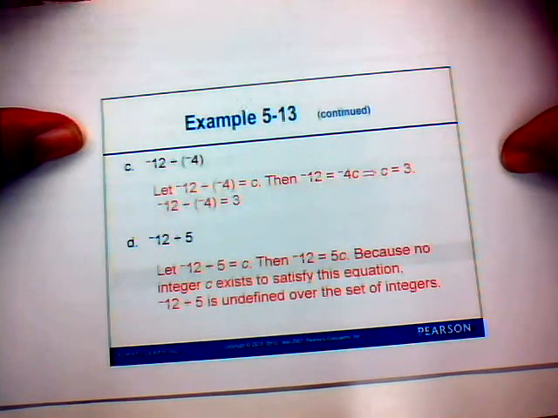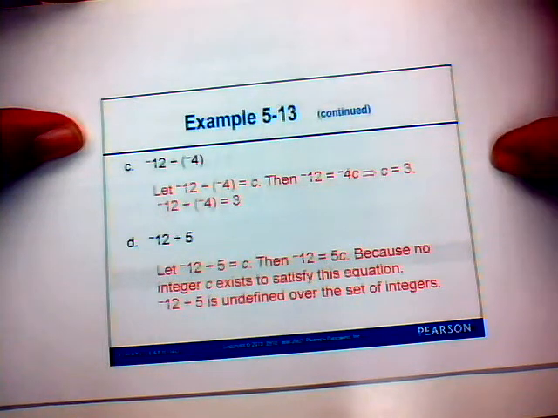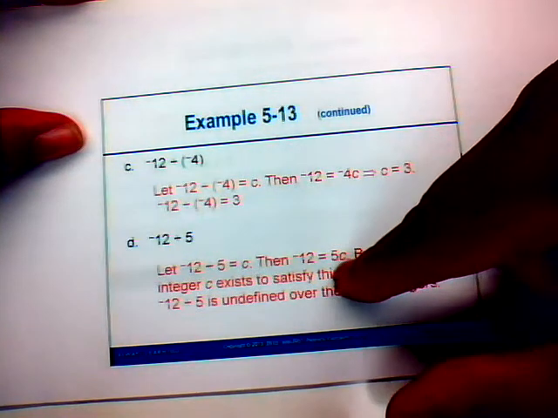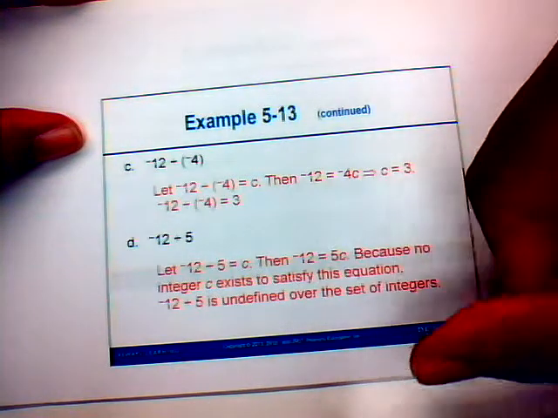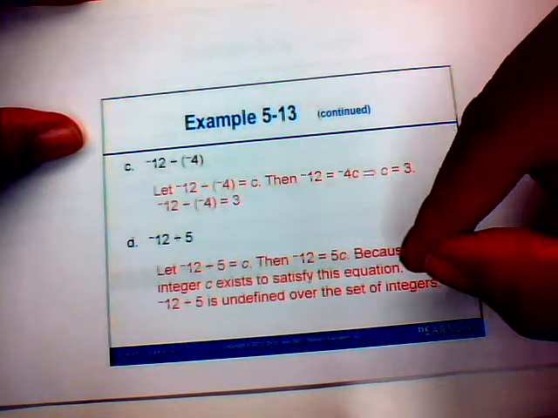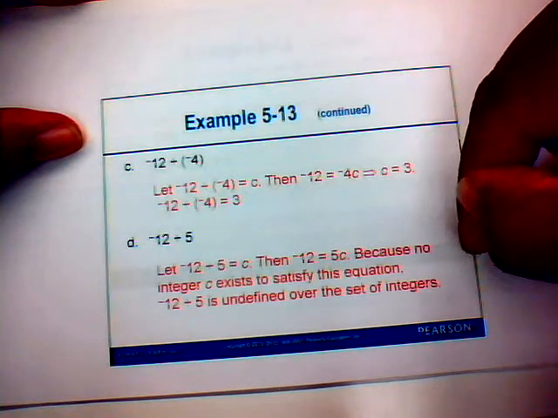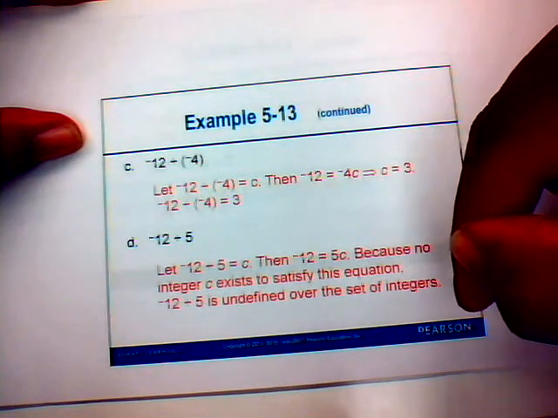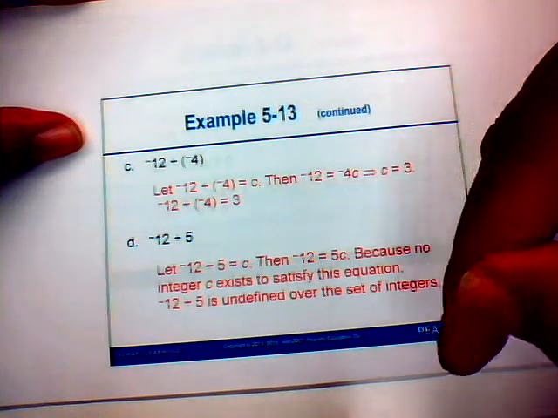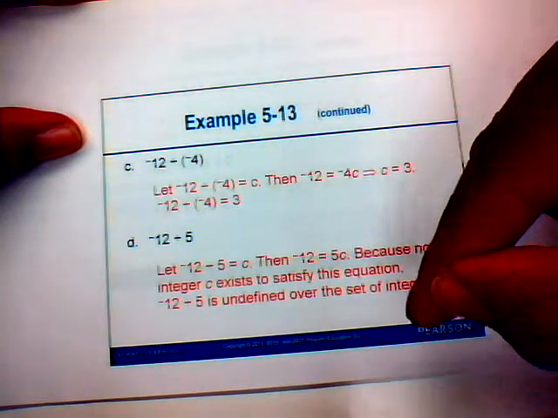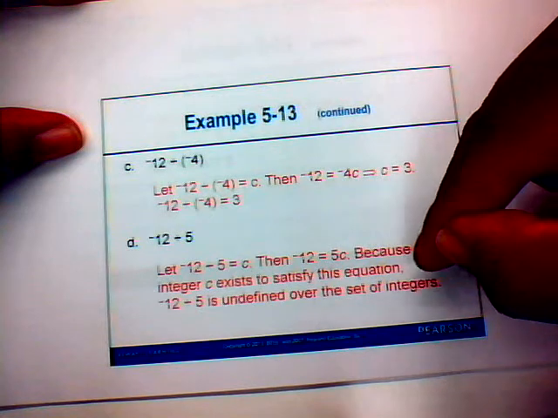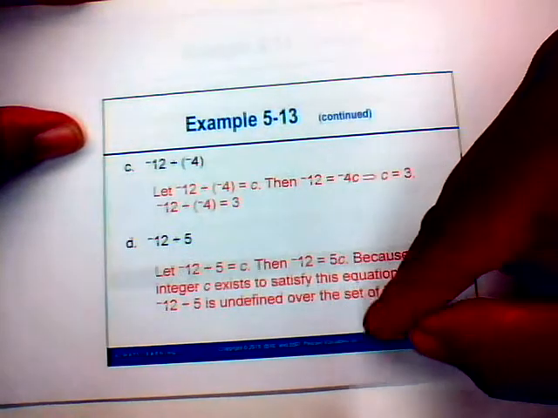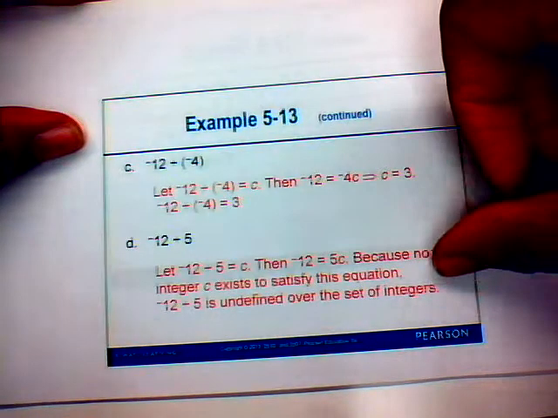Now negative 12 divided by negative 5 means that some number times negative 5 would give you negative 12. Now keep in mind c is an integer, meaning a whole number, positive or negative. Since there is no integer that exists to satisfy this equation, negative 12 divided by negative 5 is going to be undefined over the set of integers.